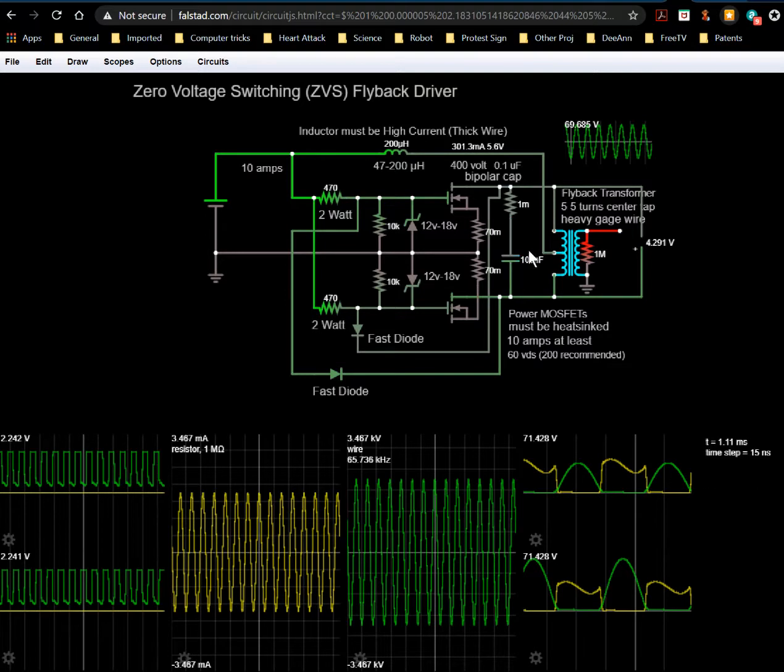So in an AC capacitor, by the way, this is an interesting little fact. In motor start capacitors, which are actually electrolytic capacitors, they're back to back and in series with each other. So you have one electrolytic with its plus and minus here, then another electrolytic with its plus and minus reversed.